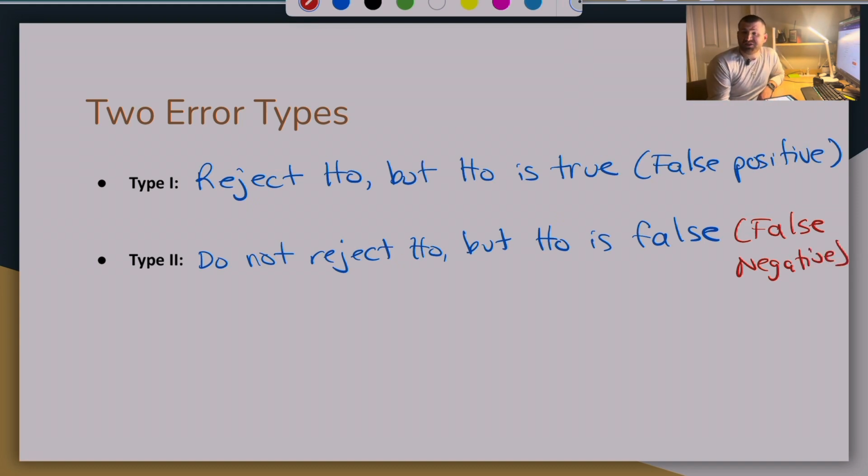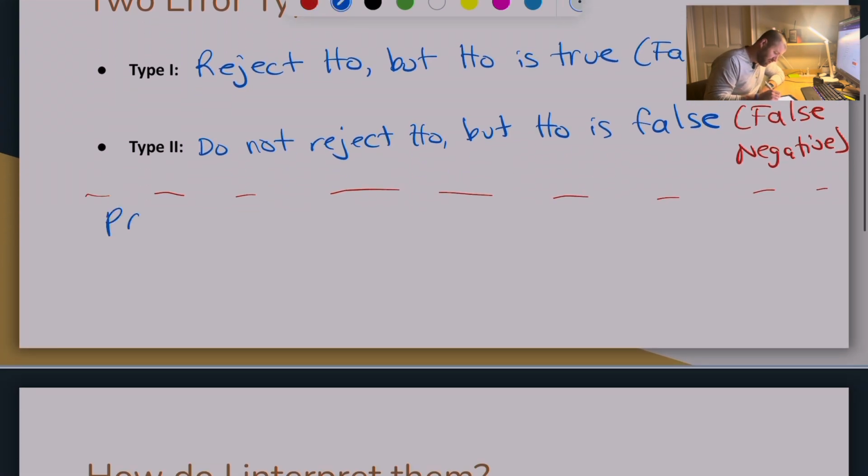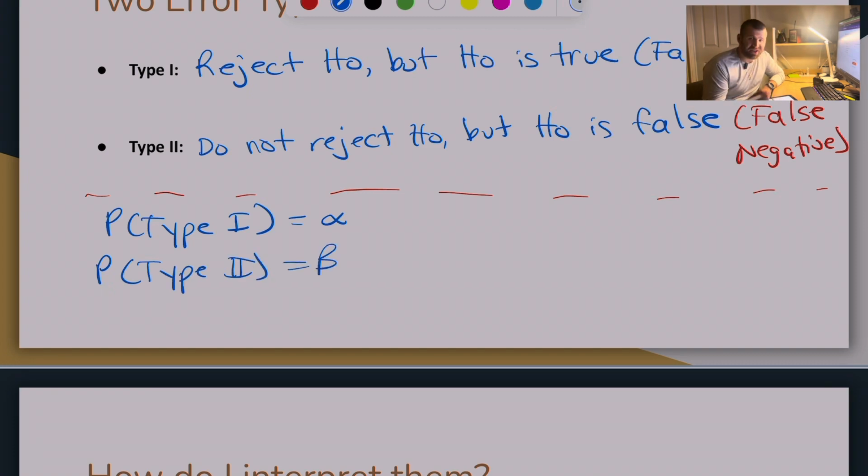Now, context will tell you which one of these is worse. It depends on how your hypotheses are written, and it also depends on the consequences. One other thing that's important here is the probability of a type 1 error is just equal to your significance level. The probability of a type 2 error is equal to beta.